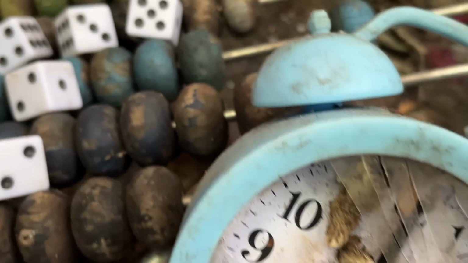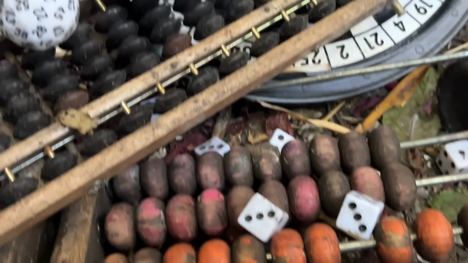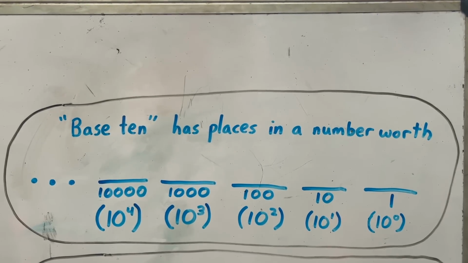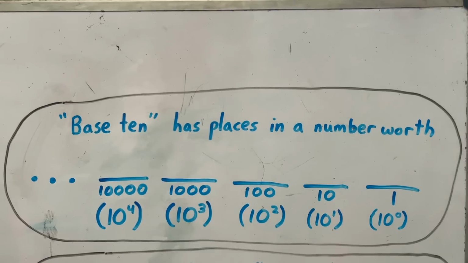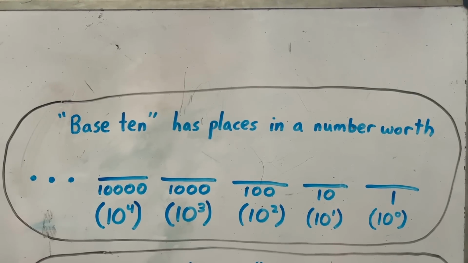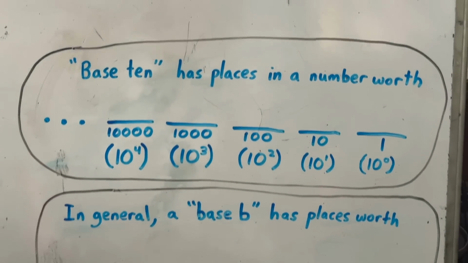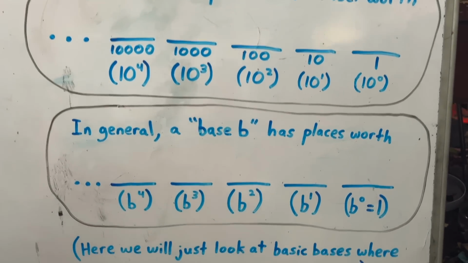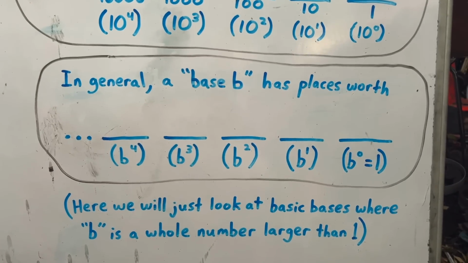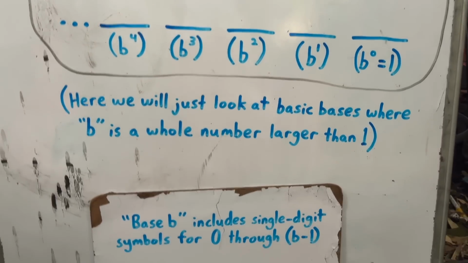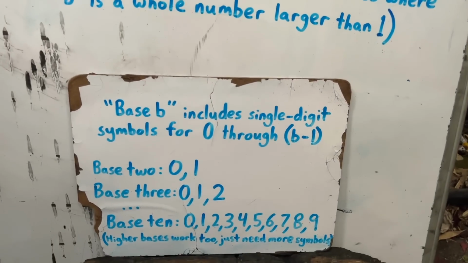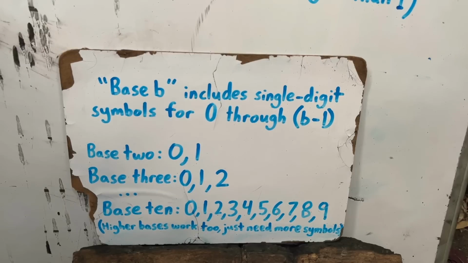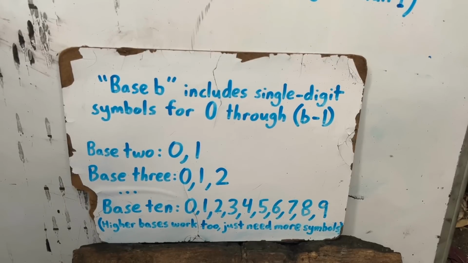Now, you don't really need to understand other bases to follow along with the rest of this, but the basic details are that we're used to counting in base 10, where places in a number are worth values that correspond with powers of 10, and we could have places in a number correspond with powers of some other base number b instead. Here we're just going to be looking at what I call the basic bases, where b is a whole number larger than 1. And in base 10, there are digits for 0 through 9, but in general, there will be digits for 0 through 1 less than the base number b.